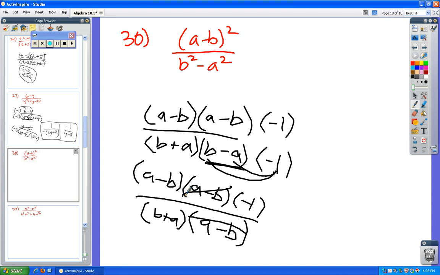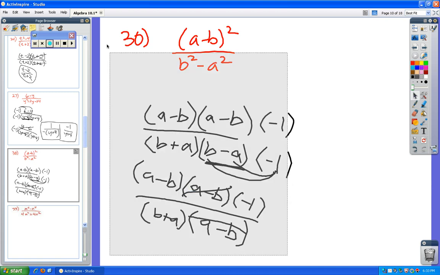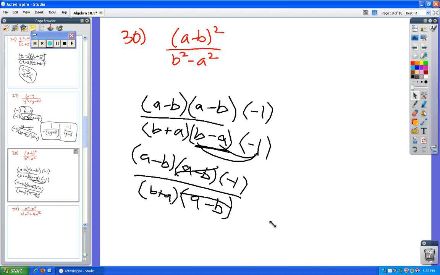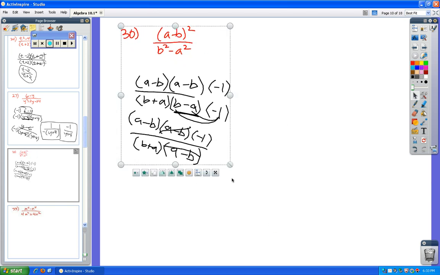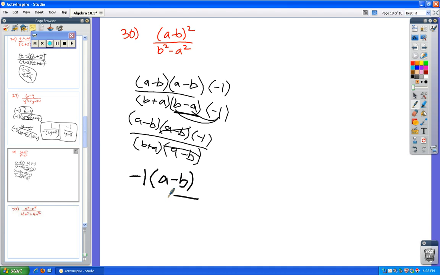That leaves me with, wait, let me shrink this up. Okay, so now that it's canceled, that leaves me with a negative 1 parentheses a minus b over b plus a. To make this simpler, we'll just distribute the negative 1.